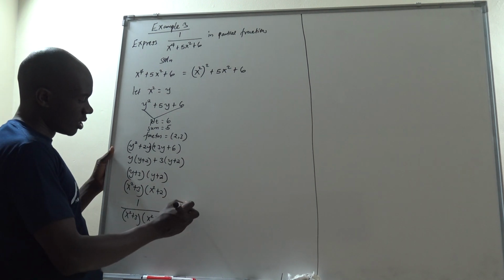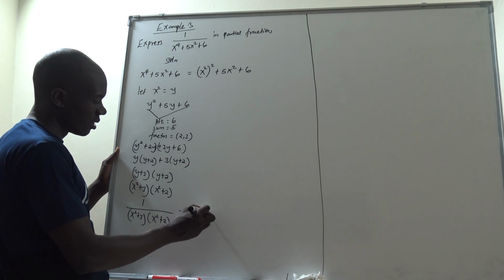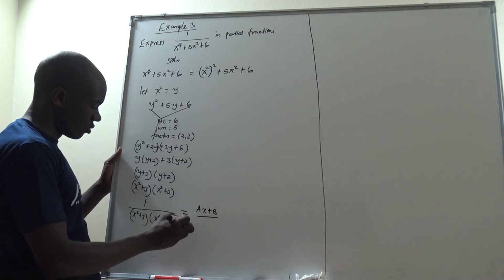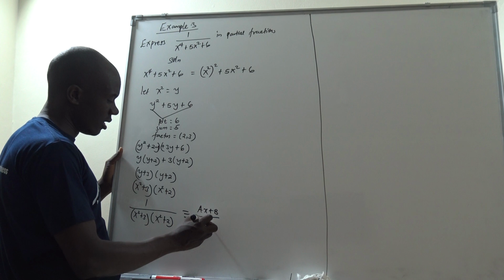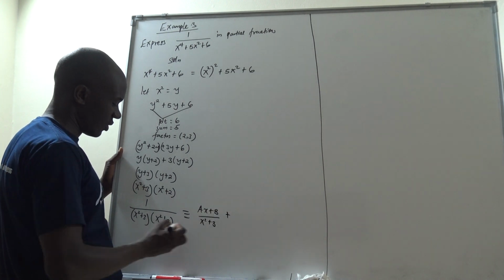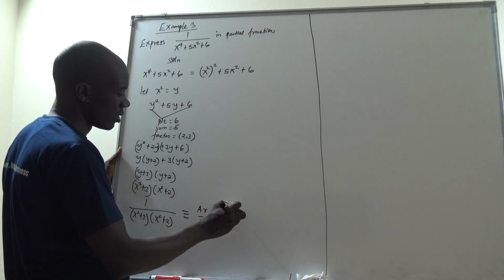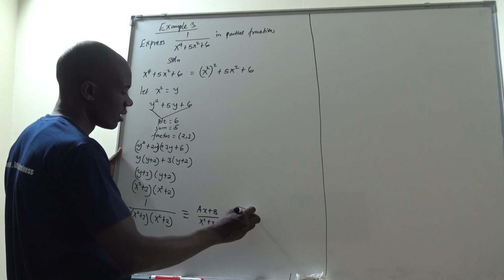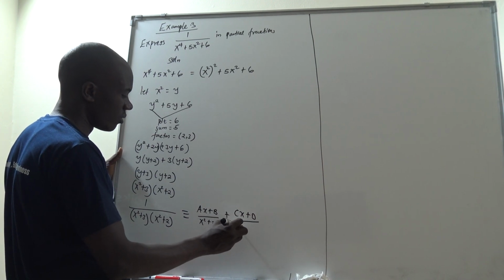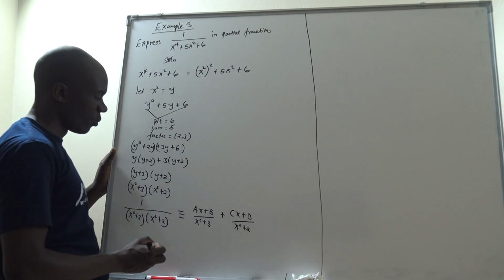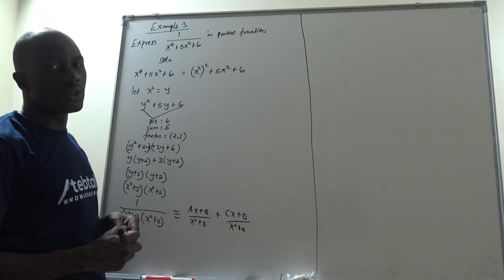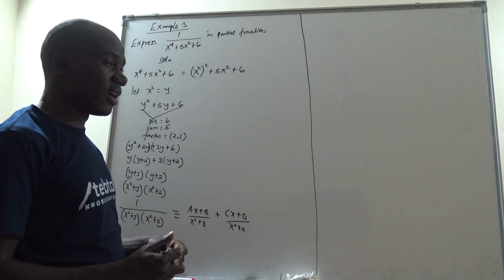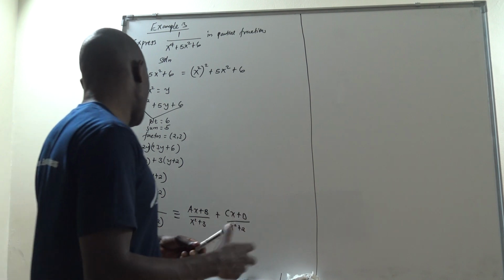And what do we do with this? We're going to say this is ax plus b out of x squared plus 3 plus, still this one cannot be factorized, we say plus cx plus d out of x squared plus 2. Now we are going to get the LCM on the right hand side.